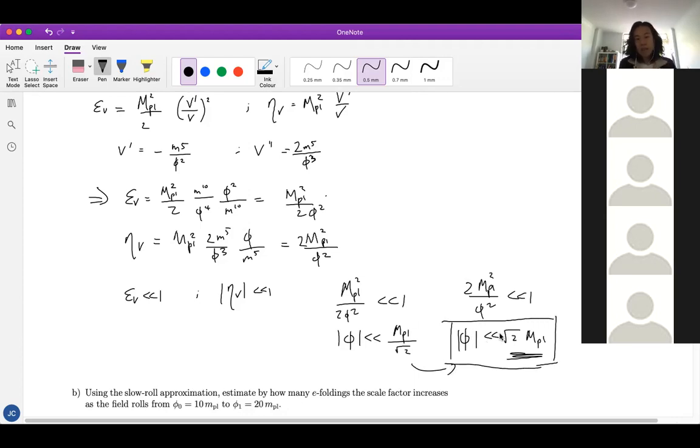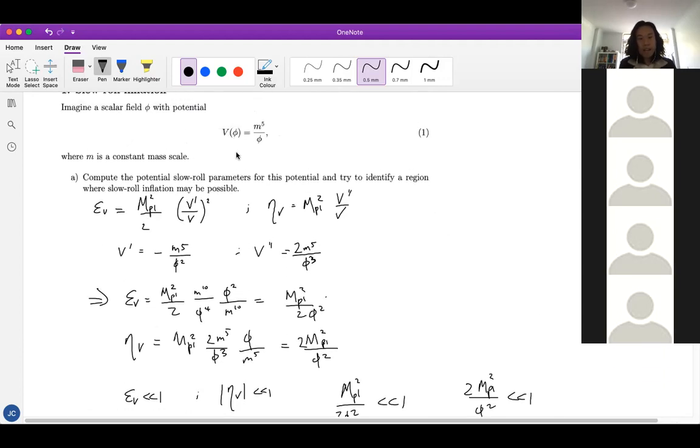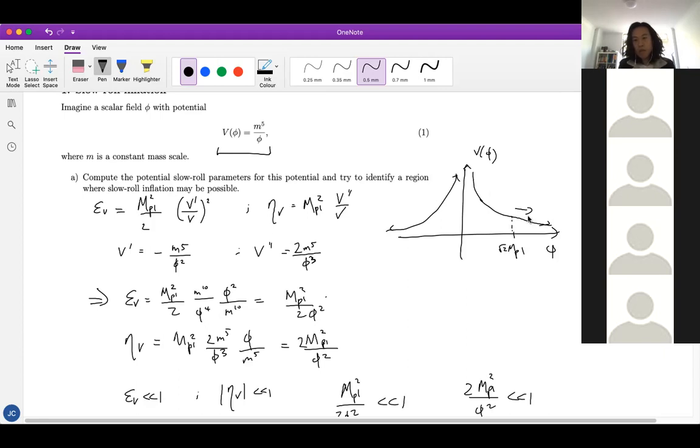Okay, so absolute value of phi less than this amount, and phi clearly takes a hyperbola shape. So in your V versus phi space, your potential will look something like this. Where we have root 2 M_Pl, if you're towards the right of that, then slow roll is allowed, the slow roll condition is met.